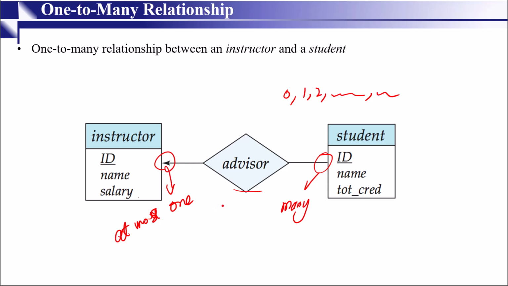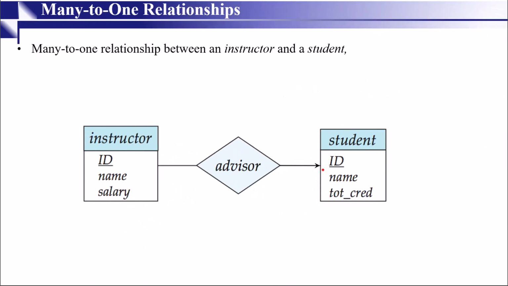So we can see the difference between lines, that you can see arrow, directed or undirected. Here we can see many, this is many to one relationship between instructor and student. And instructor is associated with at most one student via advisor, and a student is associated with several including 0.